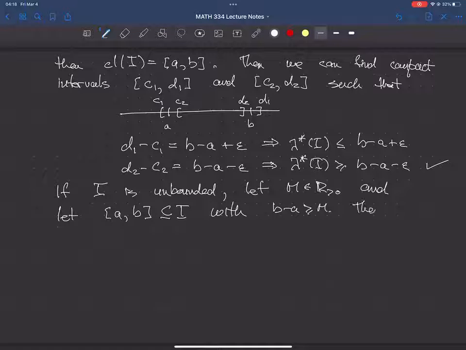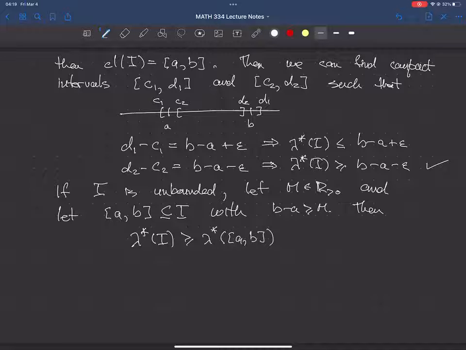So then, again, we just use monotonicity. The Lebesgue outer measure of I is greater than or equal to the Lebesgue outer measure of [a,b].